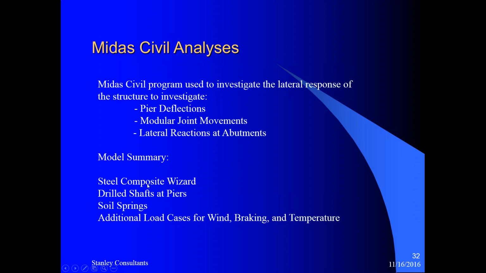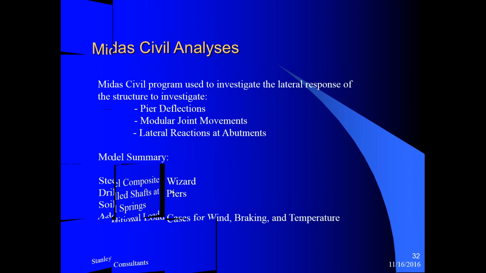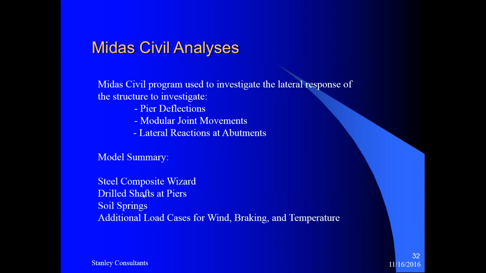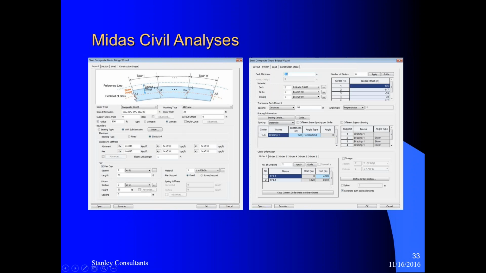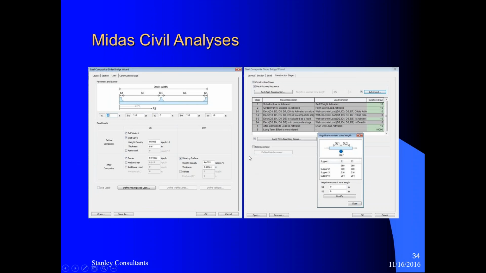And basically the model, I'll just go through. The initial model was developed using the Midas composite bridge girder Wizard, and there are a lot of good Midas tutorials on this one, so I'm just going to go through that real quick. I guess the only thing is that Midas also has a capability where you can define the deck pouring sequence.